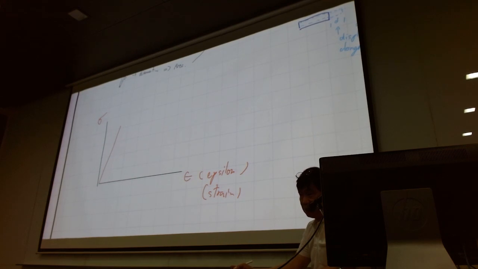All metallics, all metal parts would have initial slopes being linear slopes. So the slope of these linear parts itself would be considered the elastic modulus, the letter E.